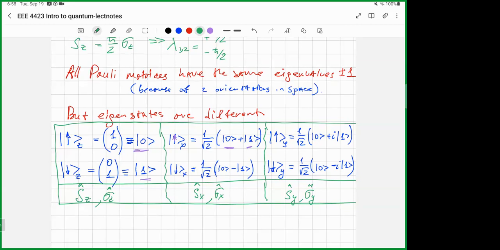The other two pairs of vectors, for the x and y orientations of the spin, are represented by superpositions of 0 and 1 of different kinds.